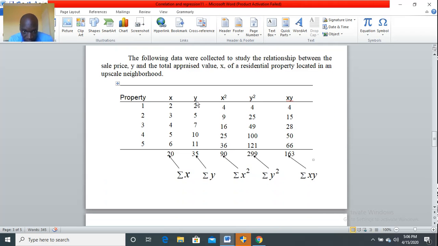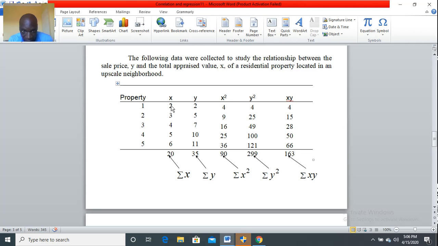When I add the y's, I get the summation of y. When I add the x squared, 2 squared is 4, 3 squared is 9, 4 squared is 16, and so on. If I add this, I get the summation of x squared. Then y squared again: 2 squared is 4, 5 squared is 25, like that. If I add them, you get the summation of y squared.